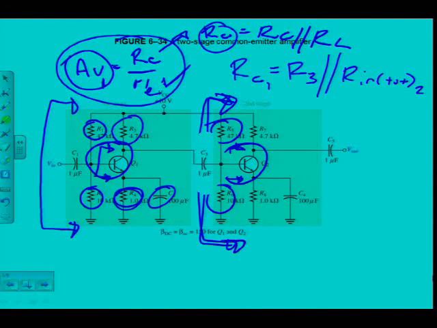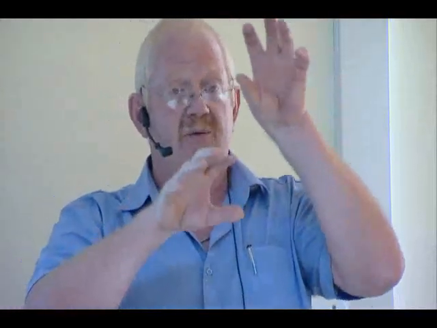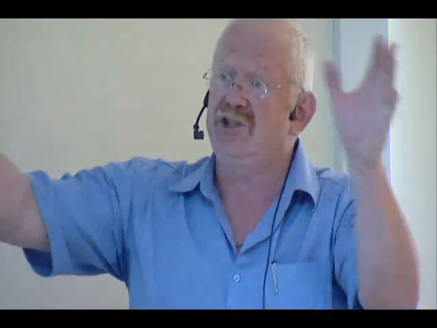Does it make sense? That's the only thing that differs. When I looked at the single stage, if there was a load resistor, I would have worked out R'c, which is RC in parallel with RL. For the multi-stage amplifier, the voltage gain of the first stage uses RC, in this case R3, in parallel with the input resistance of my second stage. Are you all with me? That's all that you have to remember for this specific two-stage amplifier.